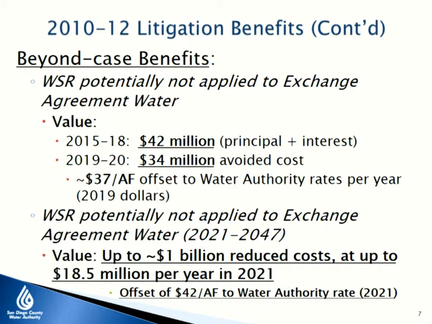That has value for all the cases that are stayed behind it, which means years behind, of Met rate charges that are represented in those cases. And if you look here, for 2015 to 2018, that has a value of about $42 million principal and interest. For years 2019 to 20, that's about a $34 million avoided cost. That comes out to about $37 an acre foot to Water Authority rates per year in 2019 dollars.